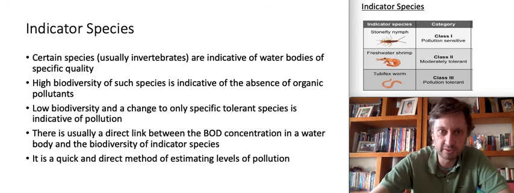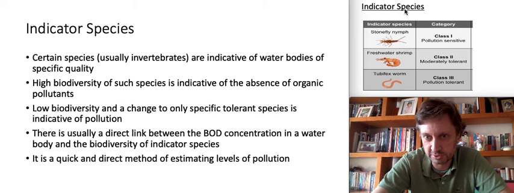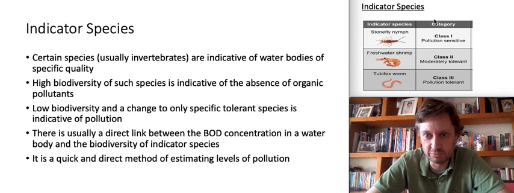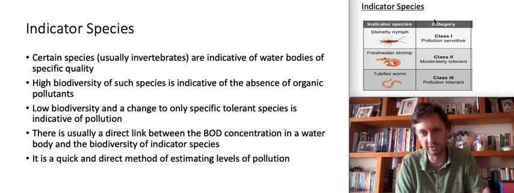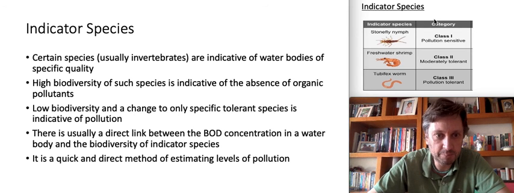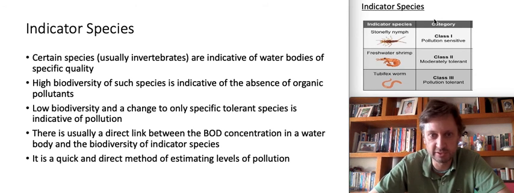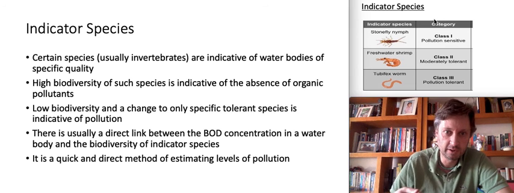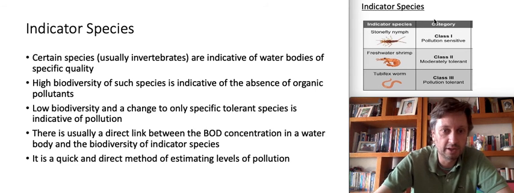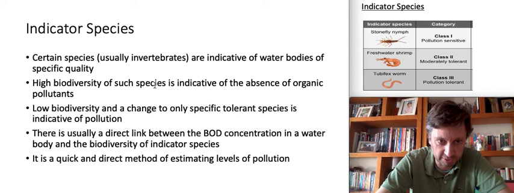Certain species, we usually use invertebrates, as you can see here, because they're small animals that are relatively immobile where they live, and therefore you can use them as pretty good indicators. High biodiversity of species within an ecosystem is usually evidence that there's an absence of organic pollution, or inorganic pollution actually, and low biodiversity is the opposite.